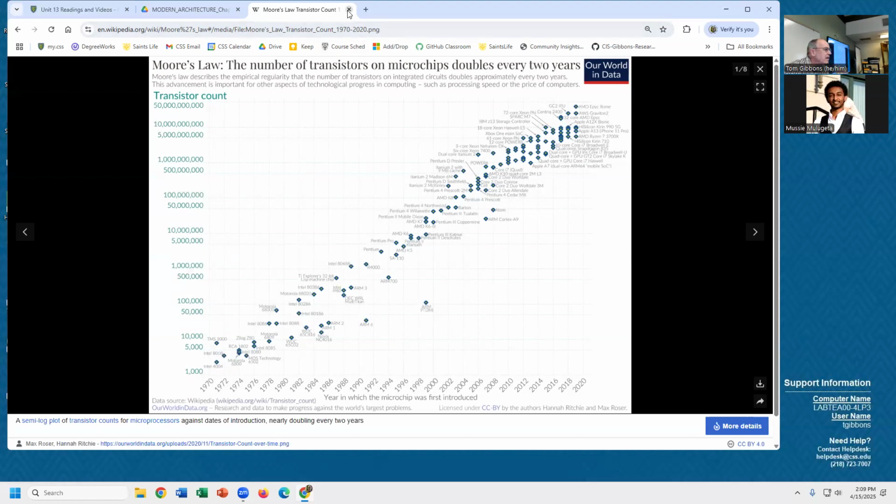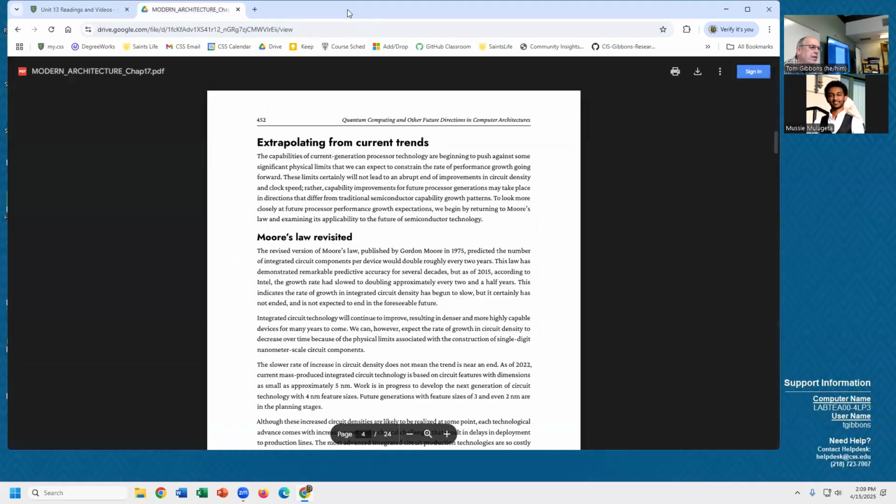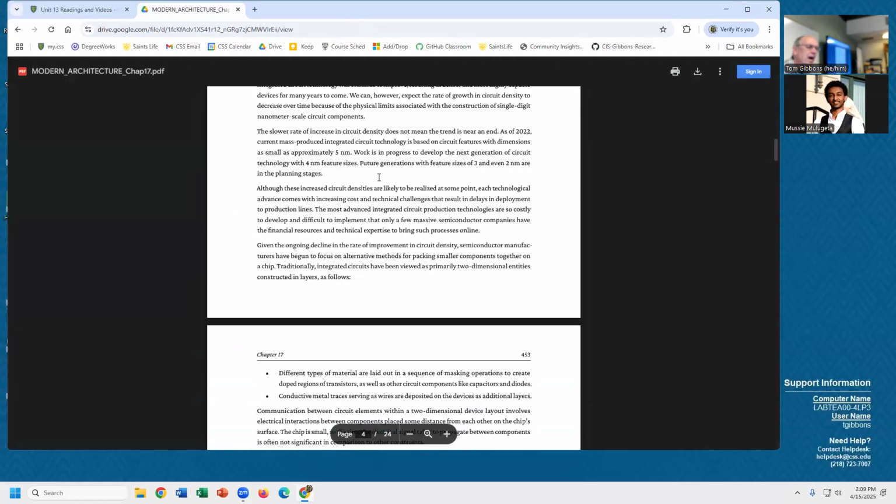And not only does the number of transistors on a chip double, it also generally means the speed, heat, size, all that stuff changes, because we're packing everything in closer, making things smaller. Things can be a lot faster. But a lot of people are saying that we're reaching the era where we might not be able to continue Moore's law, because we're getting down to almost the atomic scale.